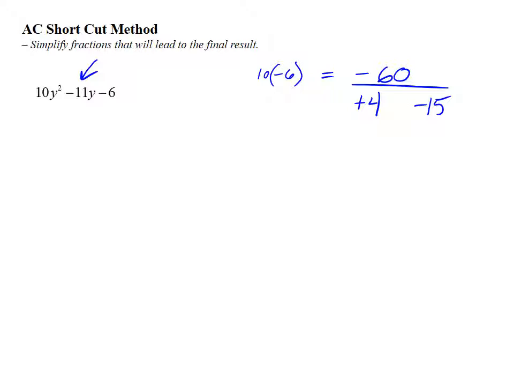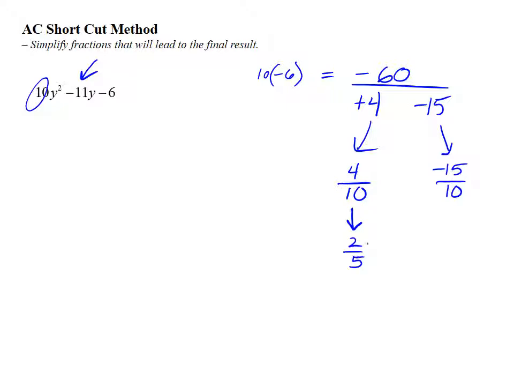But instead of putting those into a box, what we're going to do is write them as fractions using the A term. So we're going to write 4 over A, negative 15 over A. And then we just simplify those numeric fractions. When we simplify the first one, 4 over 10 becomes 2 over 5.